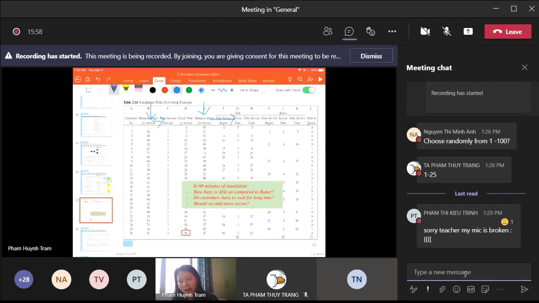At the end, we will take the total service time of Able and the total service time of Baker. And we also want to look at the waiting time of the customer. We need to calculate the waiting time for each customer. So this is our output performance: the last column, the time in queue of each customer.